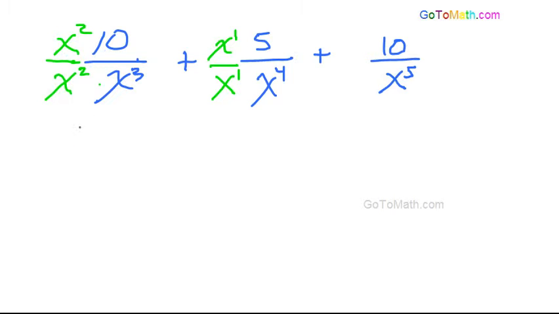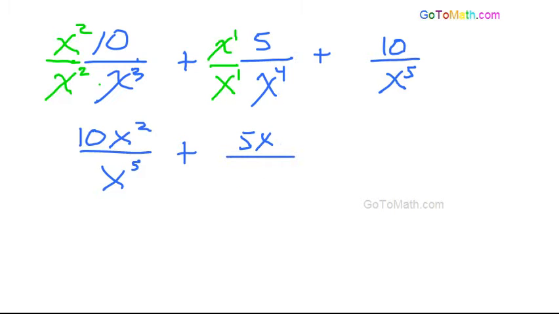So let's go ahead and take that 10 out front there. So we have 10x squared over x to the fifth plus 5x over x to the fifth plus 10 over x to the fifth power.